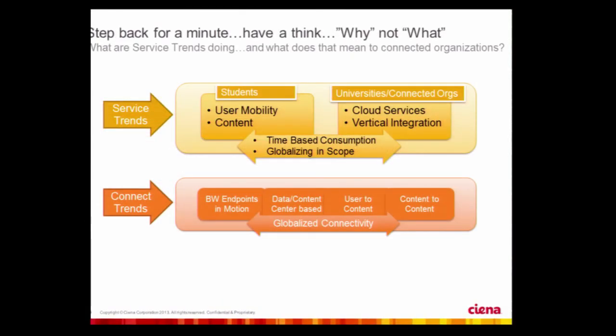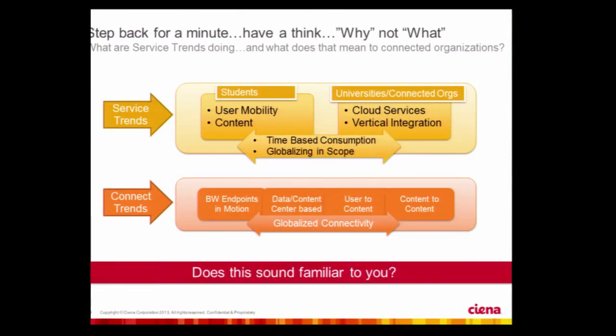So first of all, networking trends. Like with everything in technology, you have to step back and not look just at what is happening, but why it is happening. In terms of the service trends, we see several things happening. One is the user mobility, which was already discussed today. More and more traffic is going via wireless devices instead of just wired devices. And also different types of connectivity are required, so connections to content.